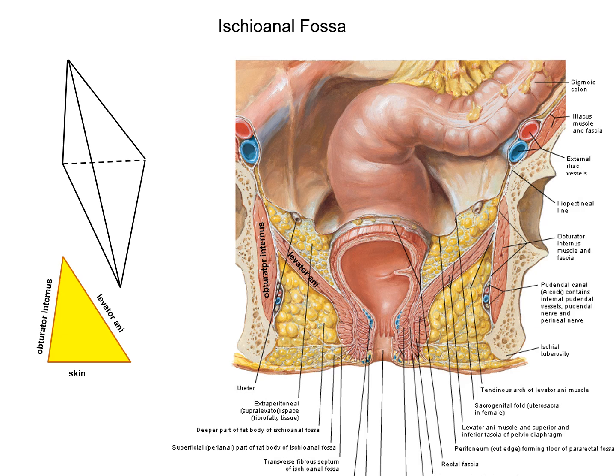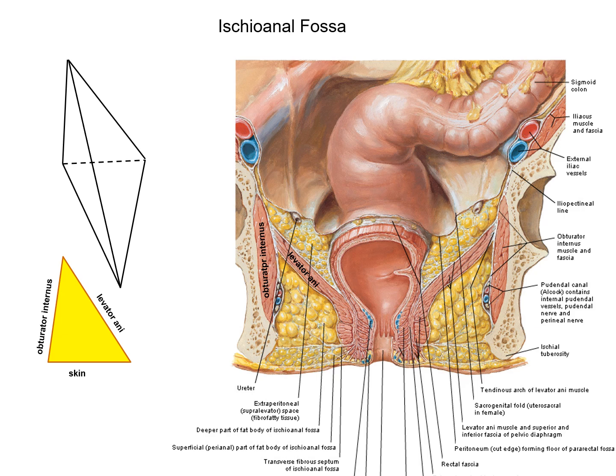Inside this canal are situated the internal pudendal blood vessels and pudendal nerve. The medial wall of the ischioanal fossa is formed by the fascia covering the levator ani muscle and external anal sphincter.